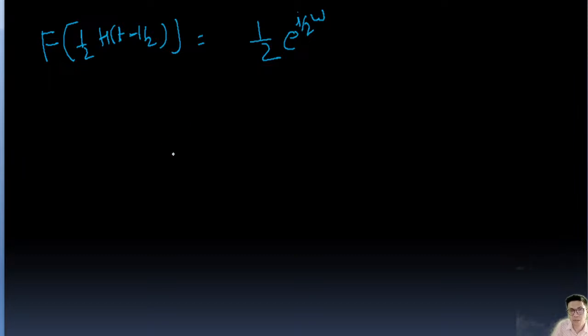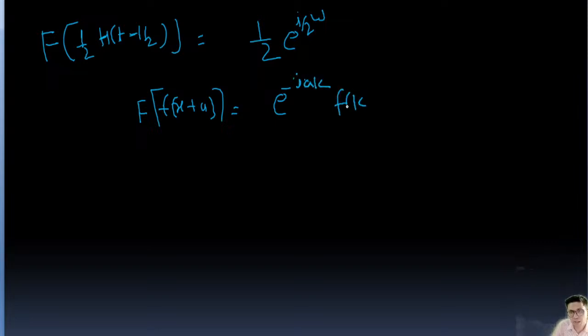Because we know the shifting property, that the Fourier transform of f(x plus a) is e to the power minus i a k times f(k), right?